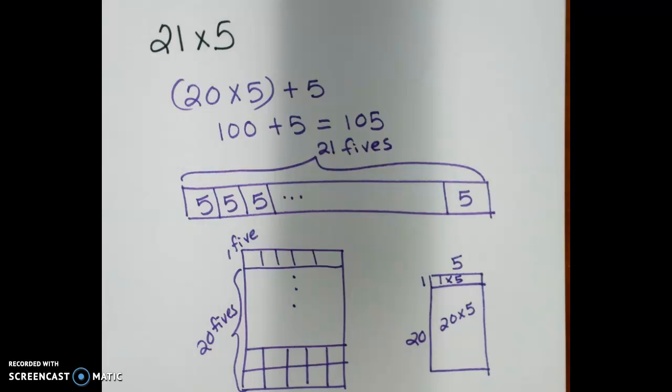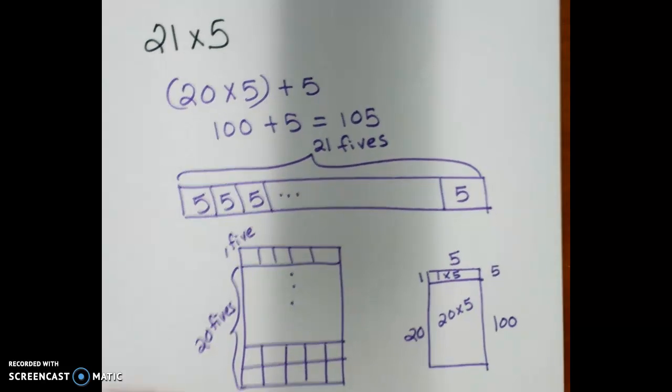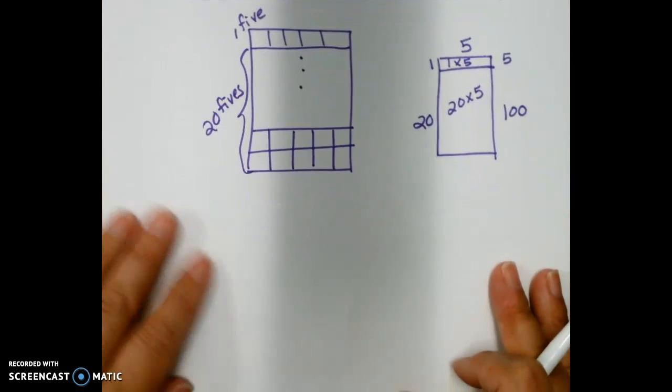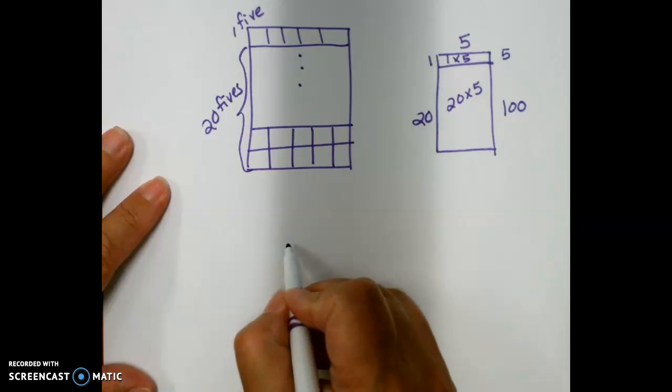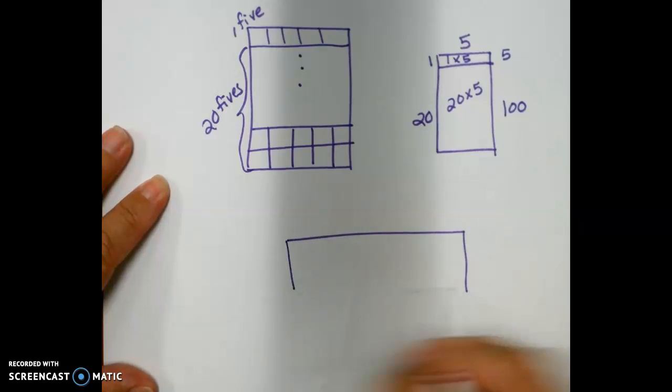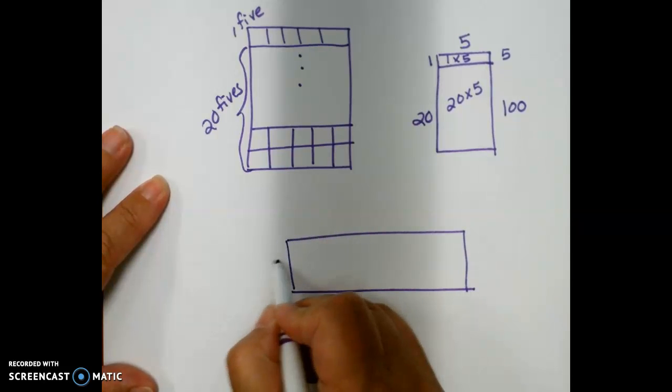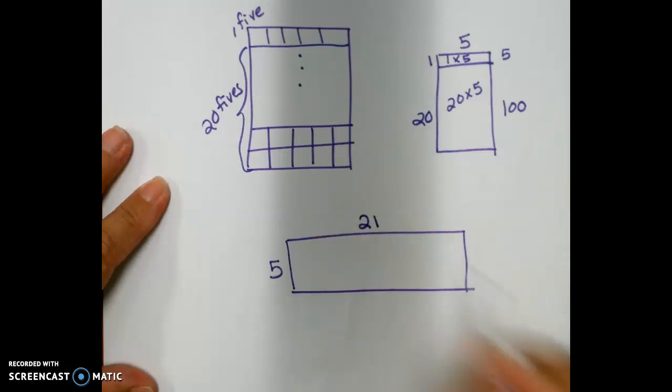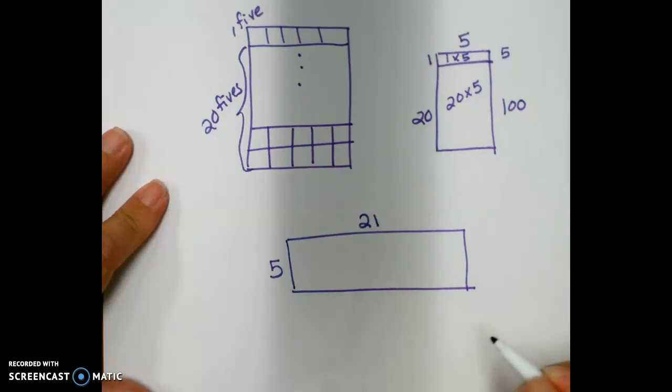That would equal 5, 100, and when I add them together, I get the same thing, 105. Now, I could also just do it as an area model, like this, and I still get 105.